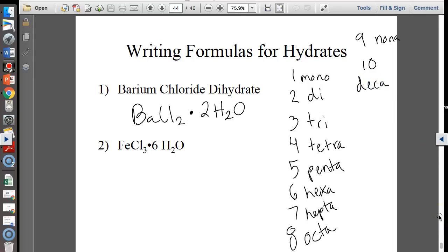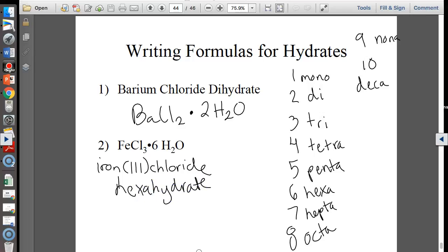There you go. The people that are choosing to do this, are you happy inside? Okay, cool. So if you want to give this a whirl on the quiz on Tuesday, there are practice problems on it. You should do those, and then you'll have to memorize your little prefixes, which you probably already know a lot of them.